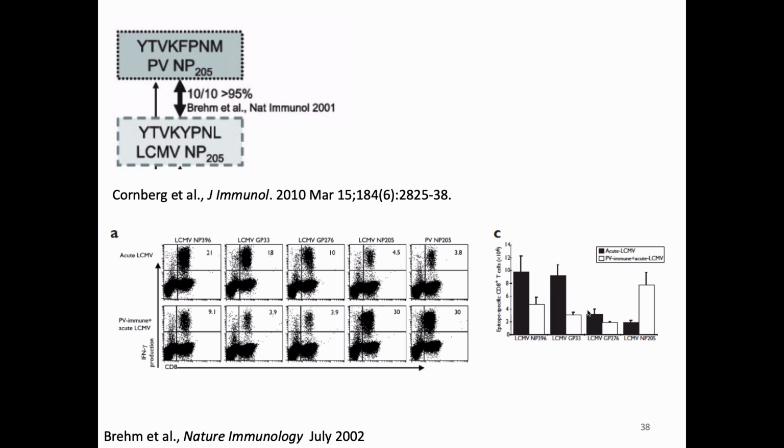And so here we saw investigators who were infecting mice with two different microbes. One is a virus called LCMV, one is a virus called PV. And weirdly enough, if you actually look at the amino acid sequence in some of the proteins, they have almost the same protein, basically almost the same epitope.